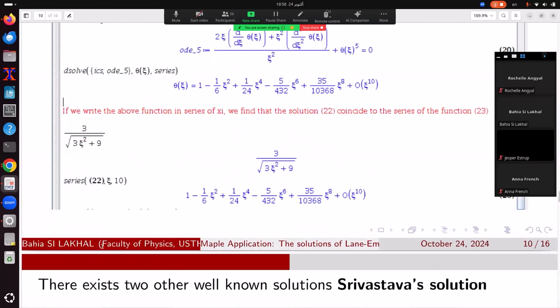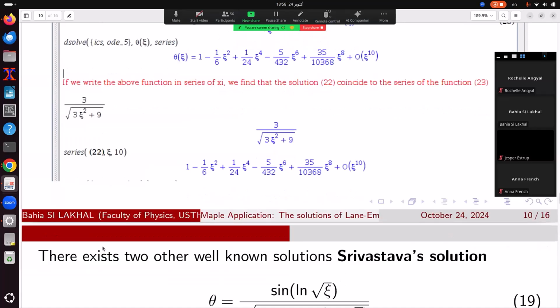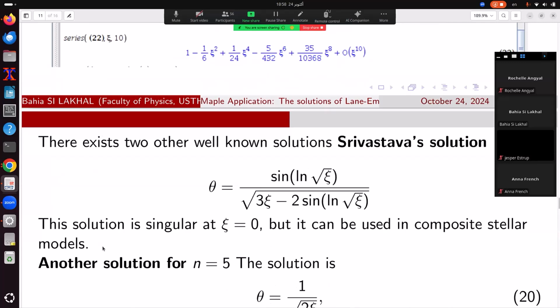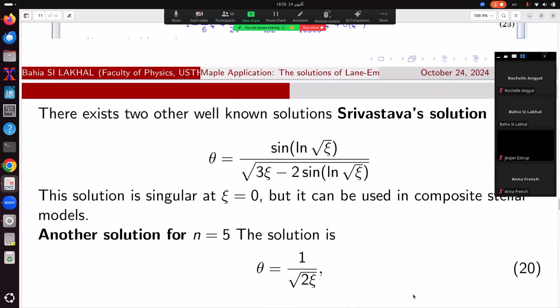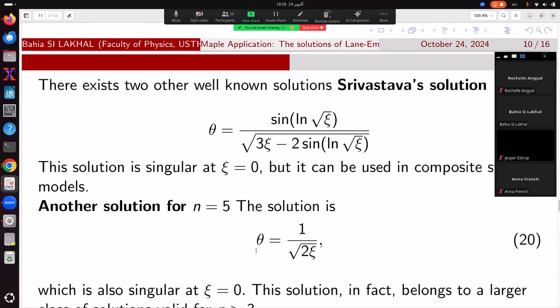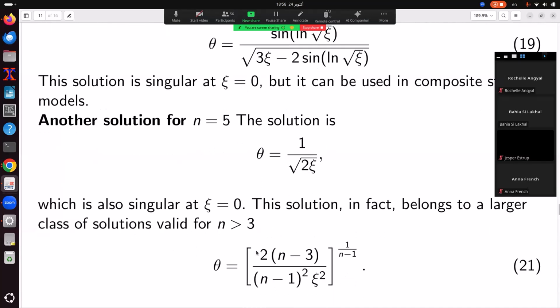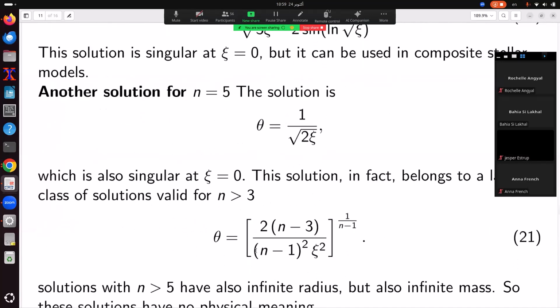There exist 2 other well-known solutions, the Srivastava solution and another solution, which are both singular at xi equal 0. So in fact, this solution belongs to a larger class of solutions valid for n greater than 3.